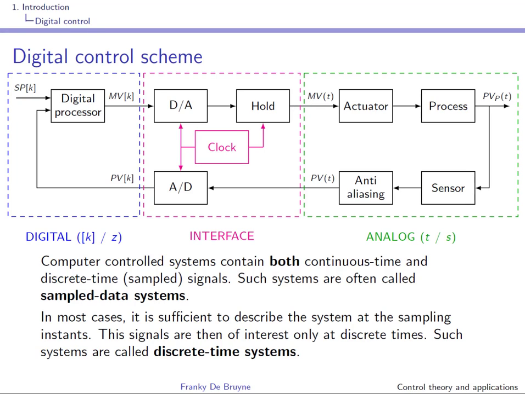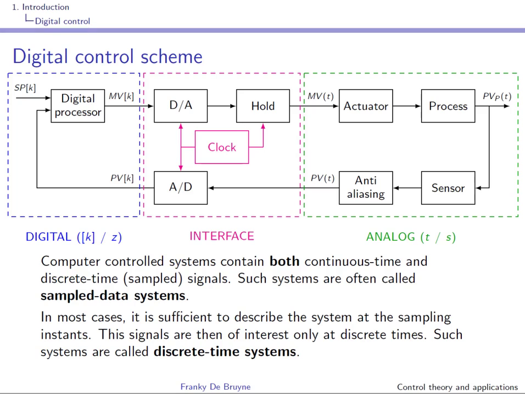In the digital part, the signals have been sampled. They are discrete time in nature and they have a finite resolution because of the quantization step in the interface. We therefore work with digital signals available every kTs, and the associated variable in the frequency domain is the z variable.